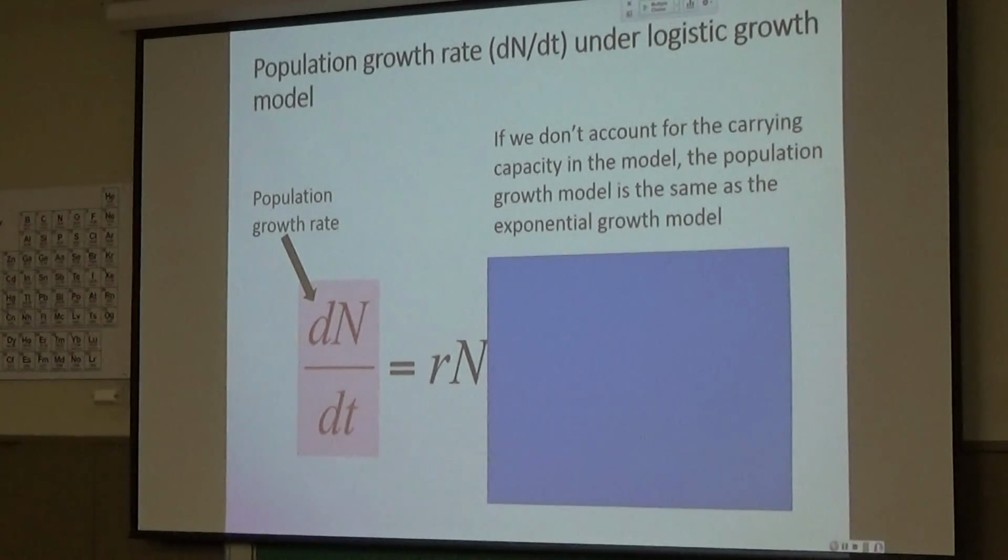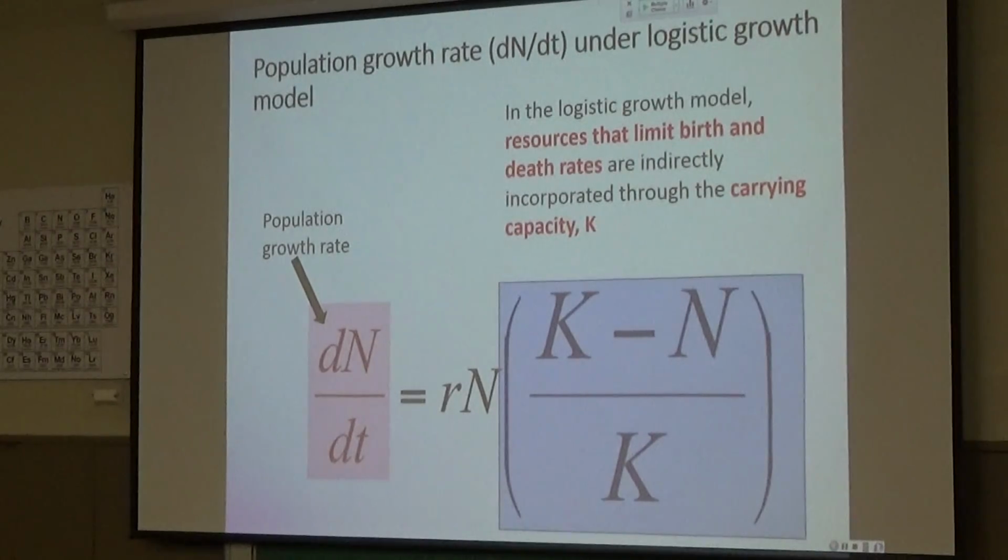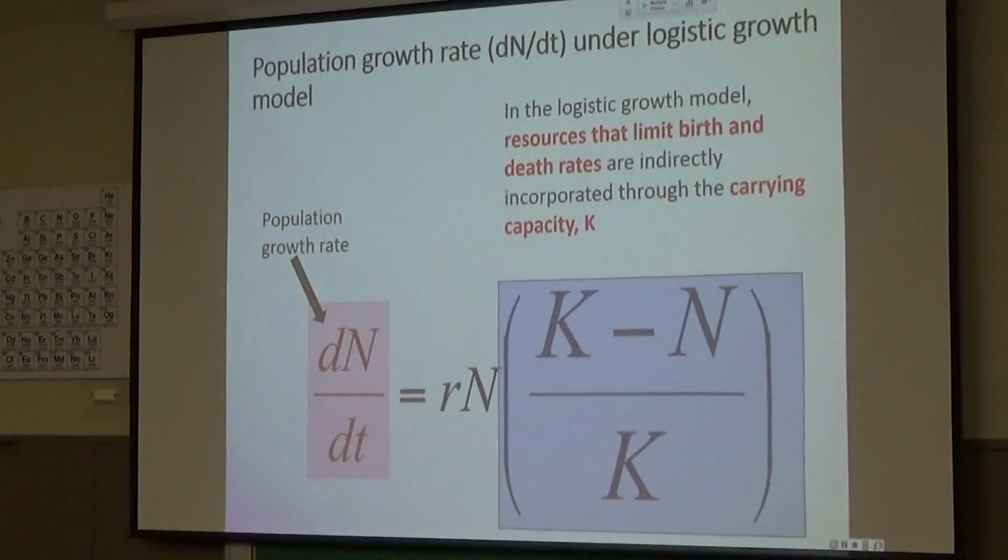So we can assume that this term is indirectly assuming that births and deaths are dependent on the number of individuals in the population, and that's implicitly included in this model through this term looking at the proportion of the carrying capacity that is filled by individuals in a population.